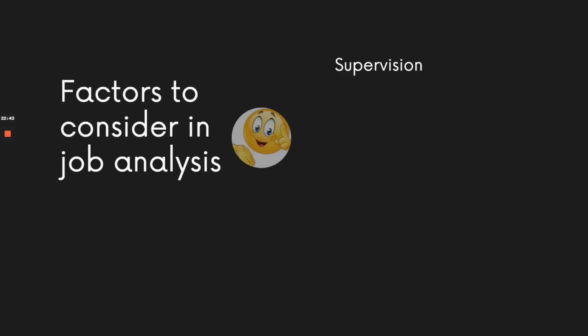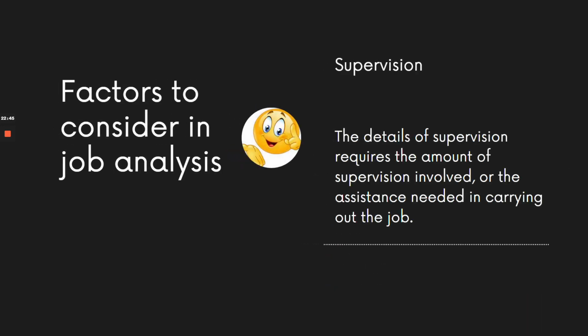Another is the supervision. So what is the supervision required in the job? So the details of supervision require the amount of supervision involved or the assistance needed in carrying out the job, the extent of employees' authority in carrying out the functions, and the extent of relationships of the job with those of others in the organizational setup.